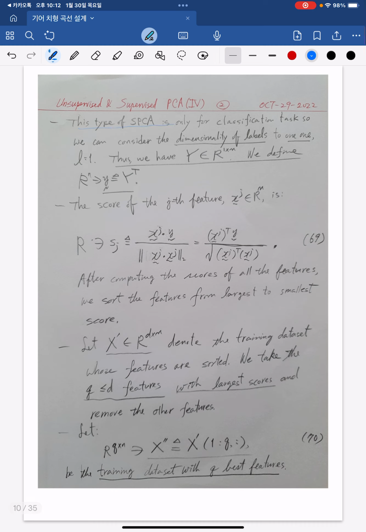The type of SPCA is only for classification tasks, so we can consider the dimensionality of labels to be 1. L equals 1. We have a large Y, a 1 by N matrix. We define small y in R^n, an n-dimensional vector, as Y transpose.